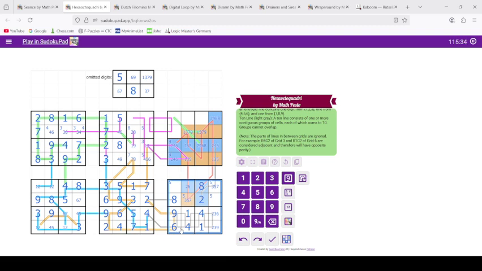I don't think that's possible. Is it? If this were 6, 9, and 3 is missing, then these two would be 5, 7. No, it's possible.